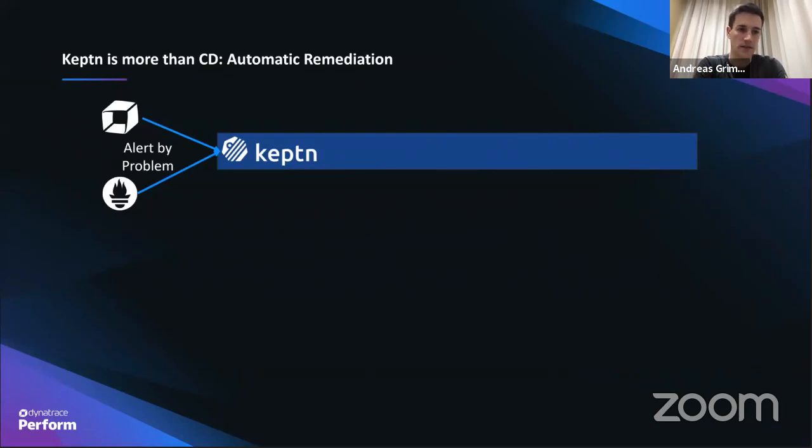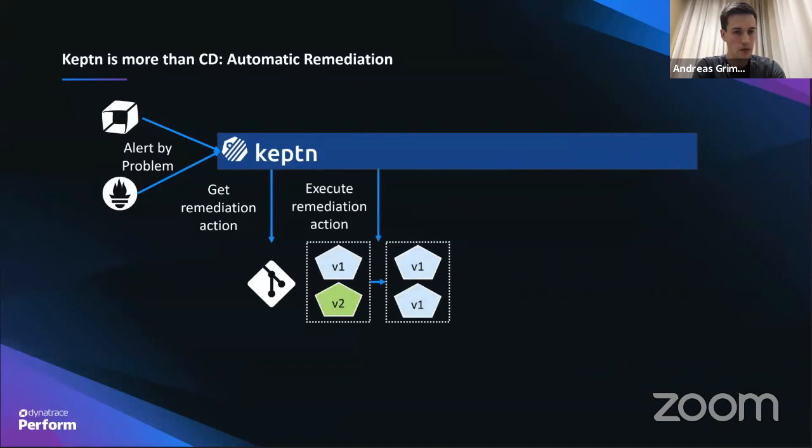Either in case of a problem or an alert, this can trigger Keptn. And based on this problem event, we can look up whether there is a user-defined remediation action which should be executed in production in order, for example, to heal the application. So the first step is looking up in the Git repo whether there is a defined remediation action, and if so, we will execute this remediation action.